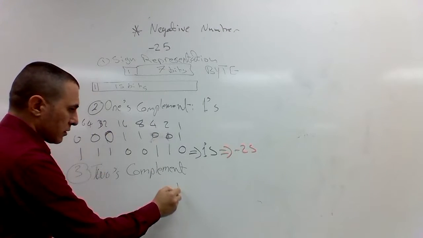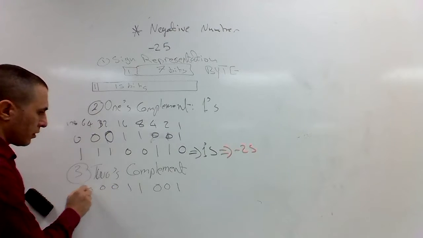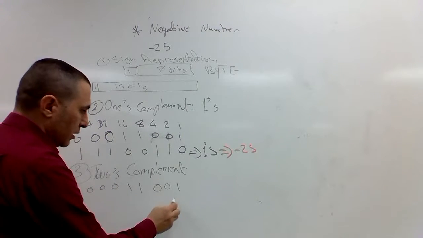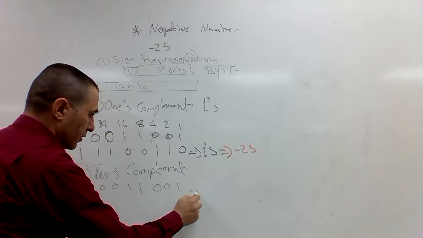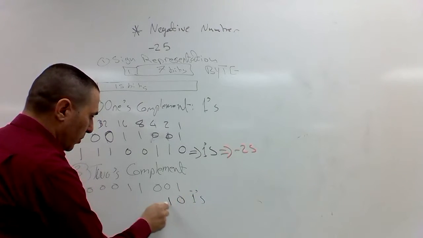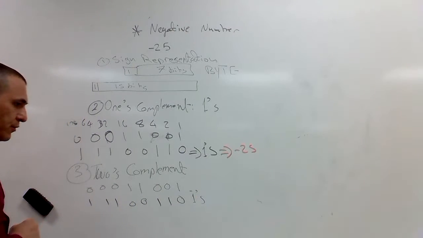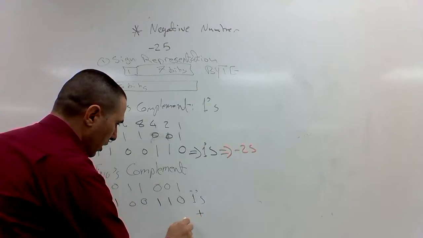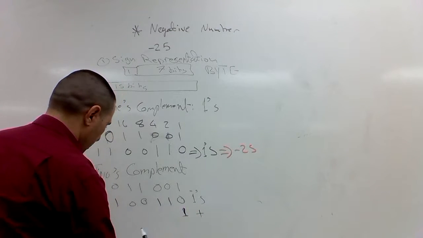We're doing it for the same number with the 2's complement. We find the 1's complement first. How do I find the 1's complement? I flip every 0 to 1 and every 1 to 0, and I add 1 to get the 2's complement.